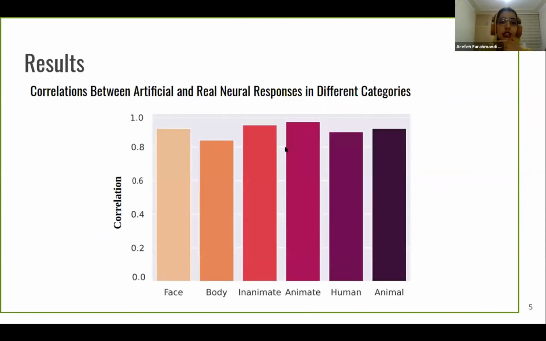In the next step, we calculate the correlation between neural response and artificial neural response in different categories to see what the value of correlation is. And as you see, we have approximately 80% correlation in different categories, and this is a really great result for us.